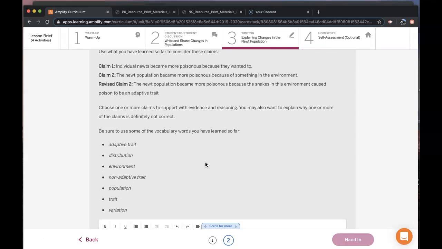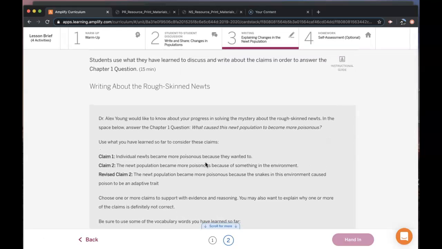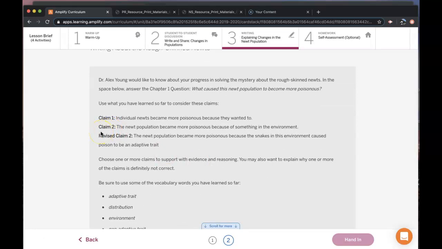So now that you're done with this activity, I need to talk about one more thing before we end this chapter. We should all be pretty clear that claim 2 is the correct claim out of these two. Claim 2 is the only claim that's supported with evidence, and it's an important piece of the explanation for why the newt population is becoming more poisonous.